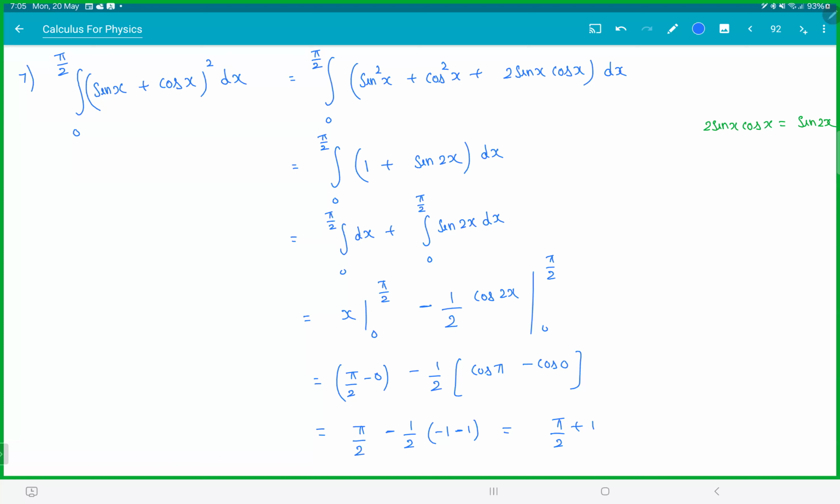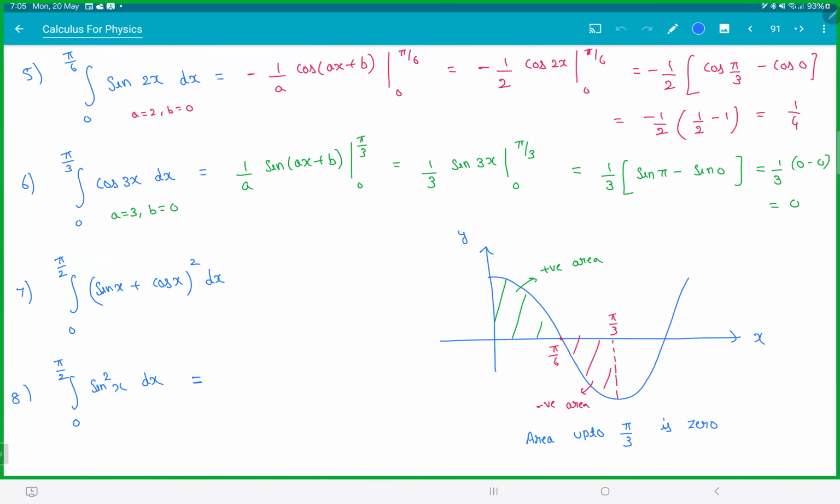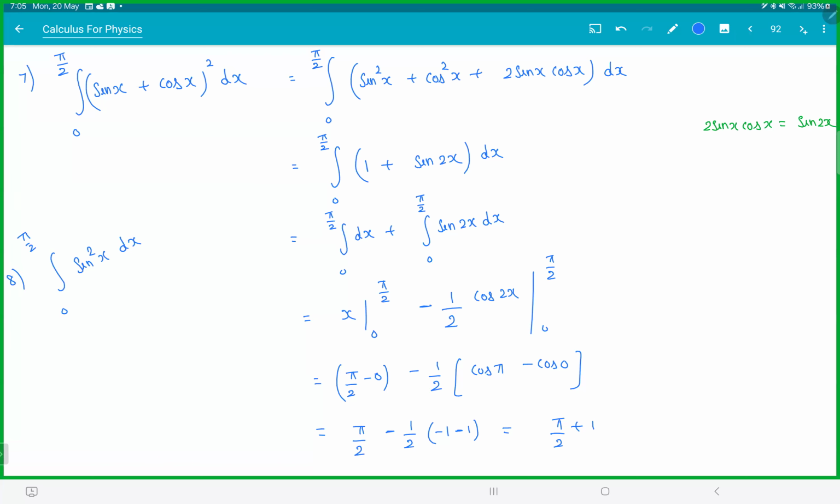Pi by 4 for 8, let's see. Have a look at the seventh one. What is 8th? Integral sin square x dx from 0 to pi by 2. That's your 8th one. Try. I'll give a minute. Quite an important integration. Sin square x and cos square x integration will come a lot.